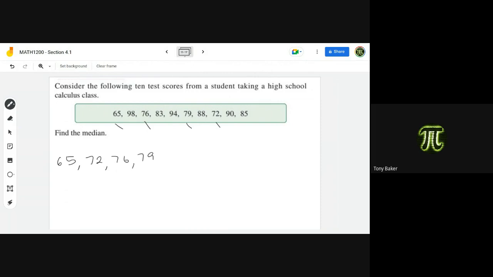It looked like a 3 and I erased it and put the 5. 79. What's the next one? 85, 88, 90, 94, and 98. 1, 2, 3, 4, 5, 6, 7, 8, 9, 10. I got all 10.